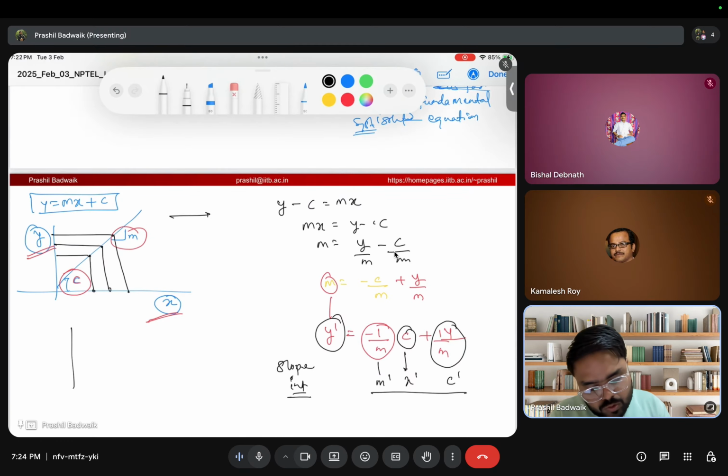Slope is minus 1 by m. That means this line should be like this. And the intercept is y by m, correct? So a line which was in terms of x and y, I am now defining in terms of slope and intercept.